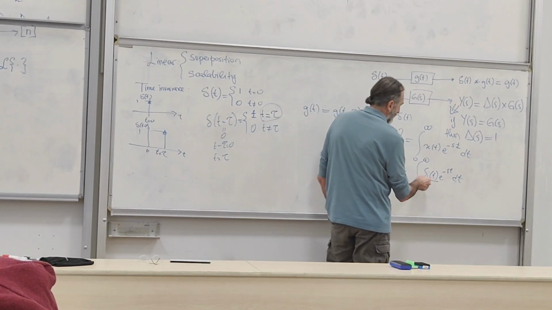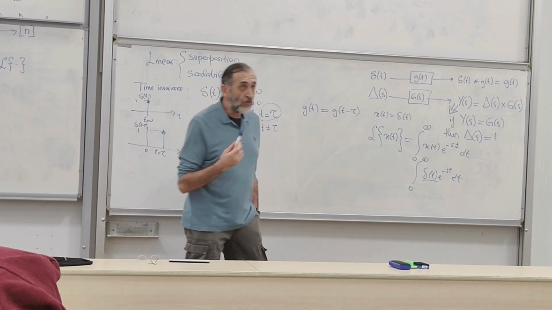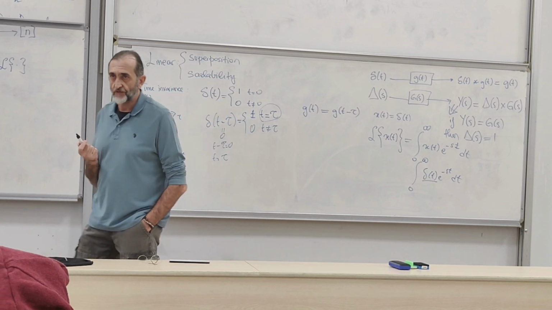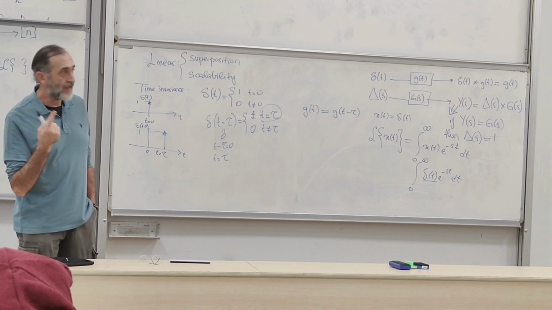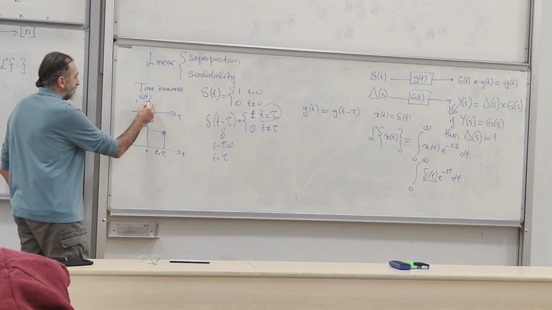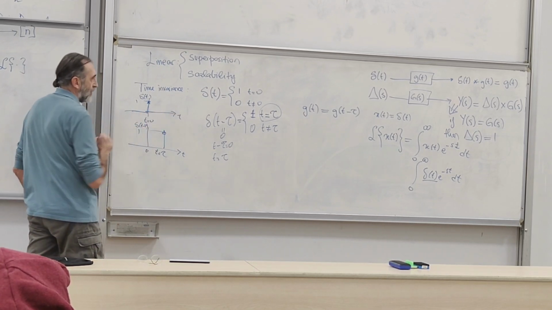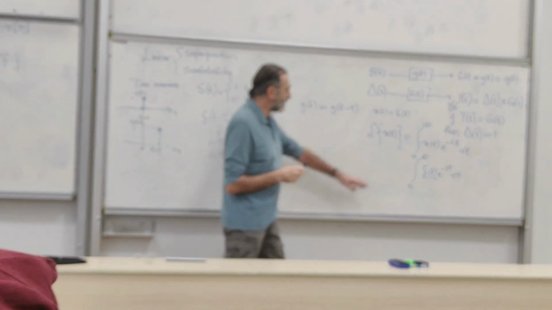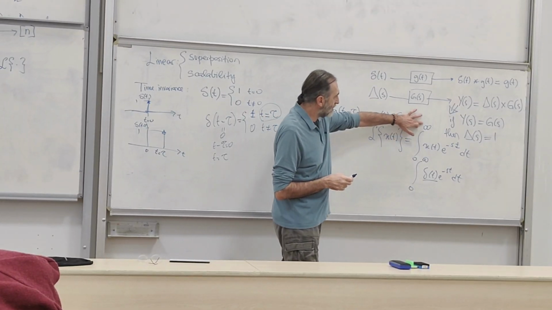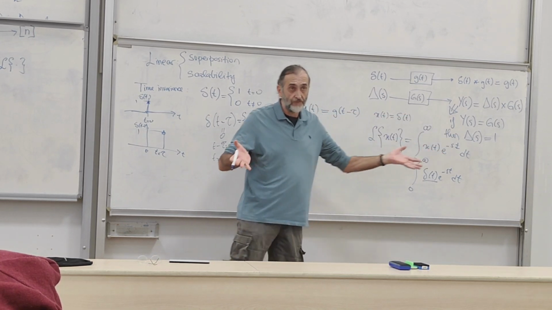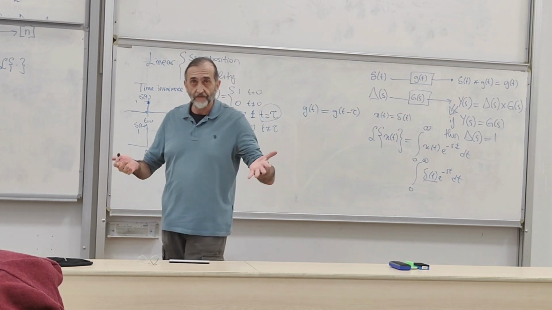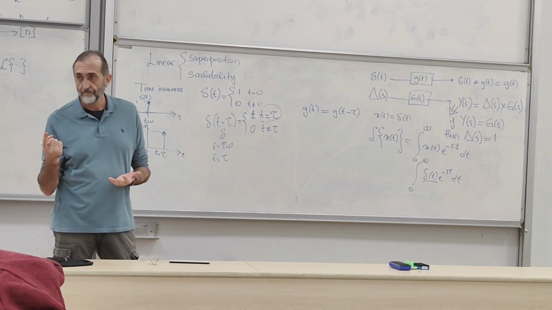Delta of t is only valid at time equals 0. Right? It's 1. Everywhere else, it collapses to 0. So I really don't need all that interval from 0 to infinity because it's 0. All I need is when time equals 0, and that's 1.